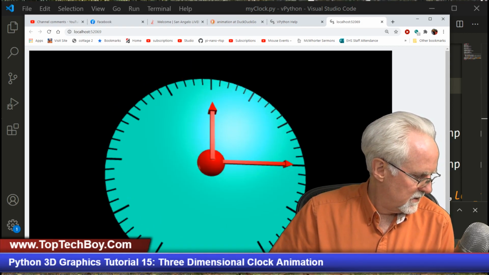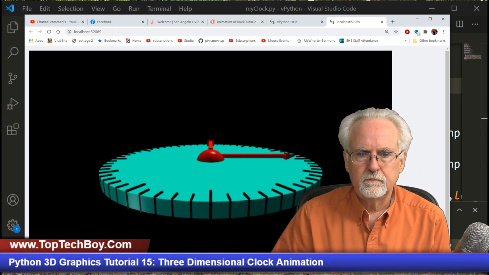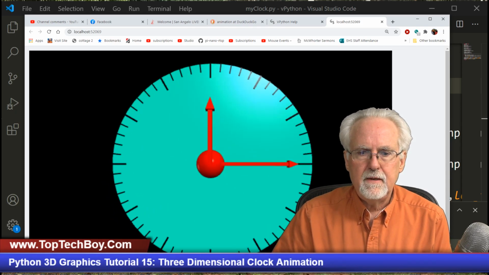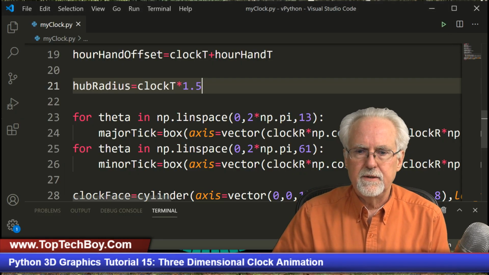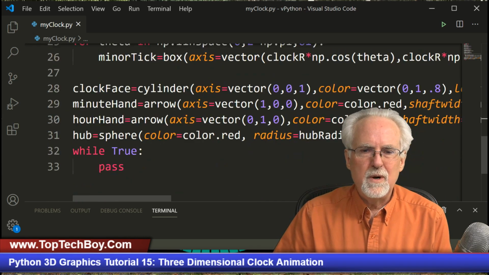Okay, maybe what we should do is make that hub a cylinder. This is getting way more complicated than what I thought it was going to be.